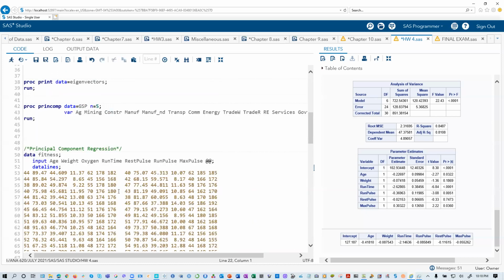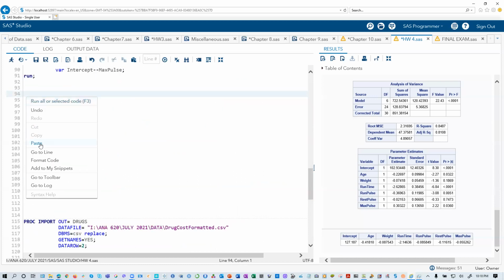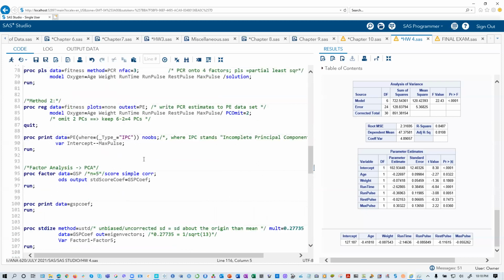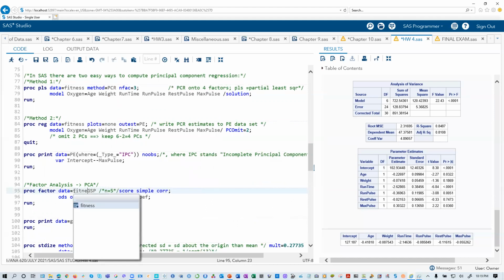So that part, if you are planning to do here, so then you need to go to the GST, that's the data. Here data name fitness. Fitness data.